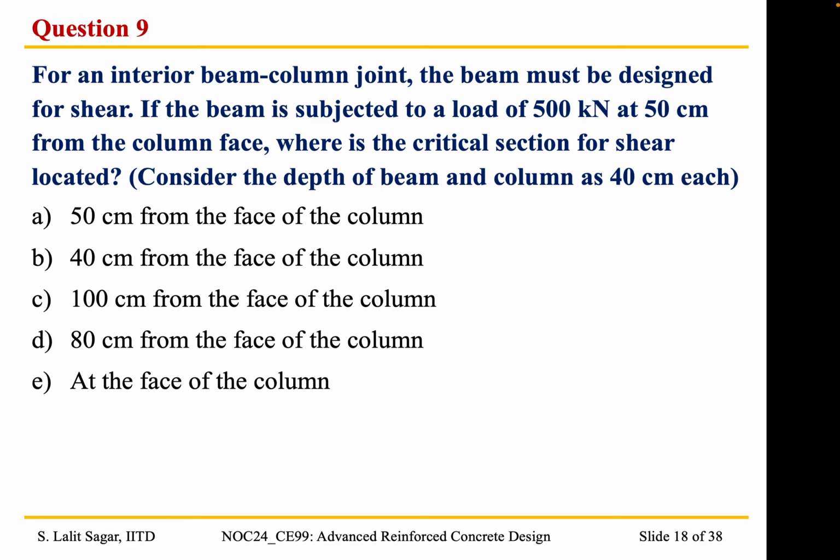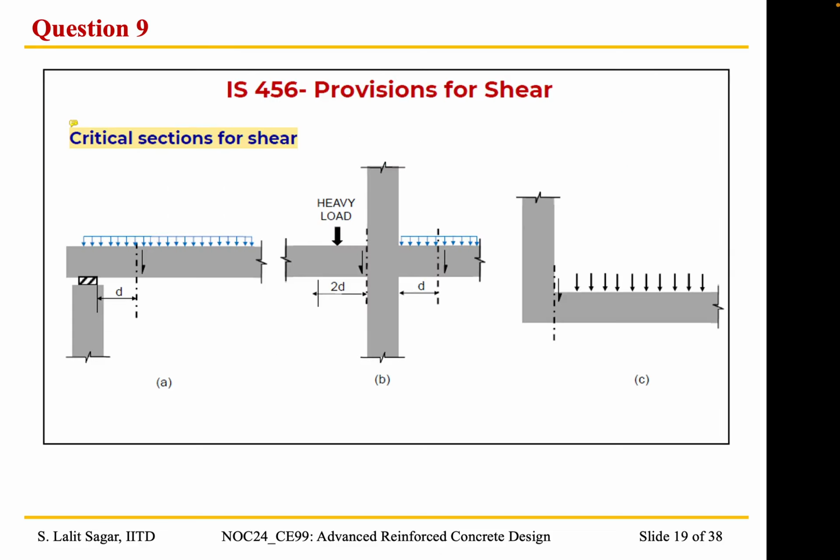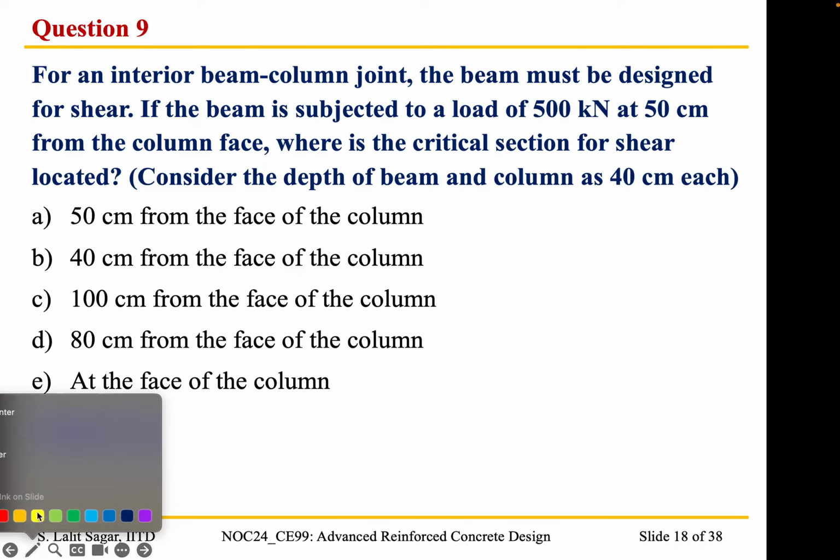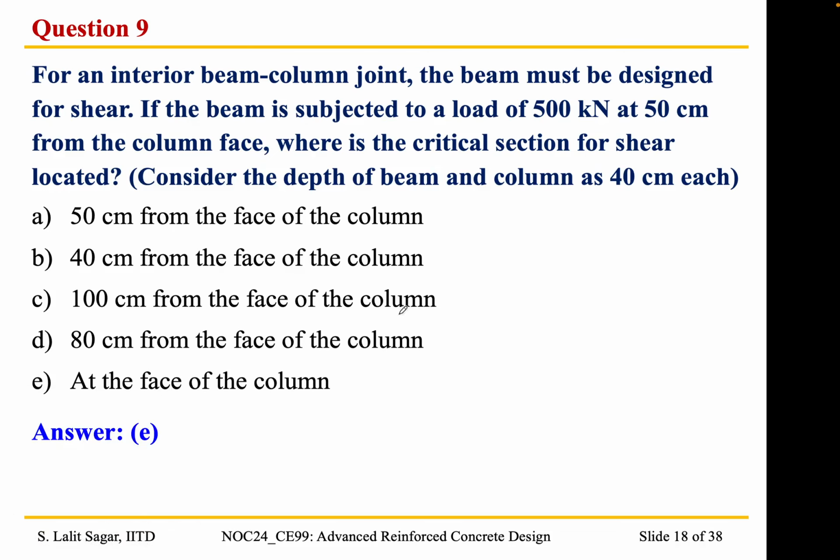So as the participant mentioned, option E is absolutely right. In the problem, it is given that we are considering an interior beam column joint. We'll be dealing with the beam column joint in a little more detail when we discuss the columns.